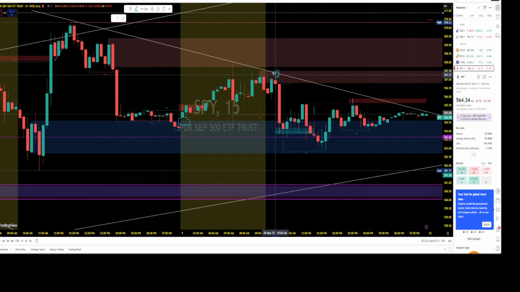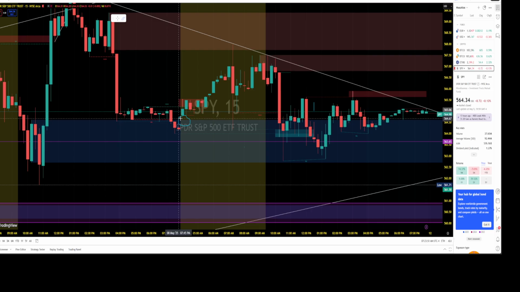If they couldn't cross this particular level and this trend line, which was coming from there, then definitely the market could see a good sell-off and try to fill this gap. And this is the same thing that happened: the market opened, tried its best, and couldn't fill the gap.